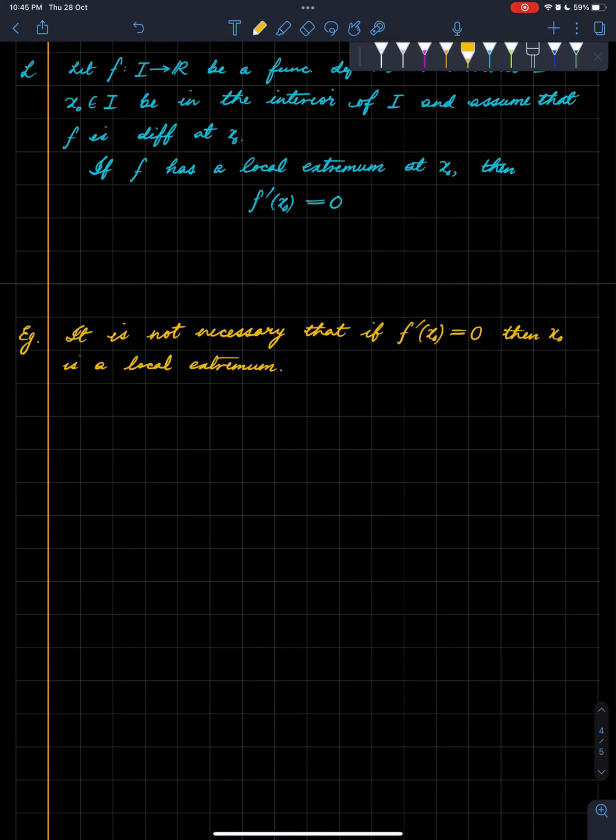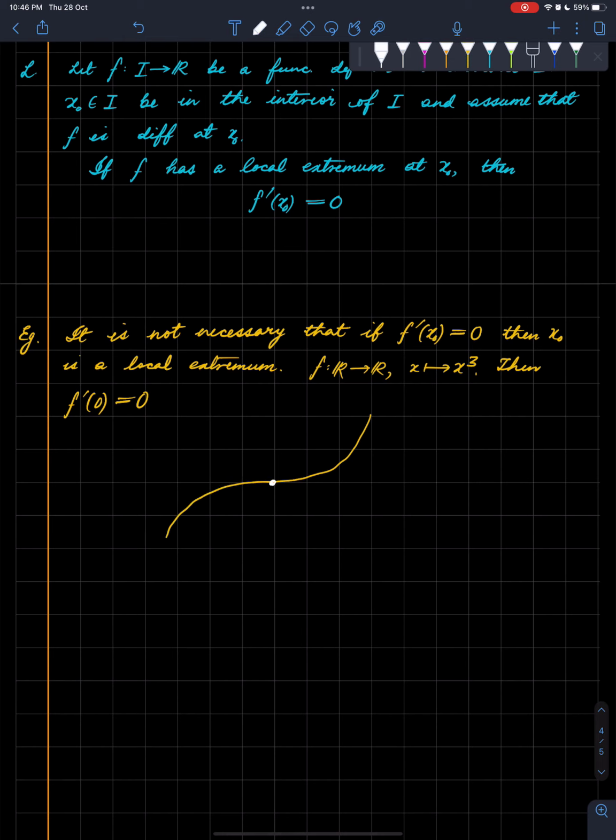This is not necessary because you take the case where you have the cube function, then the derivative is 0 at 0, but 0 is not a local extrema, because if you take the graph of the function, it looks something like this.